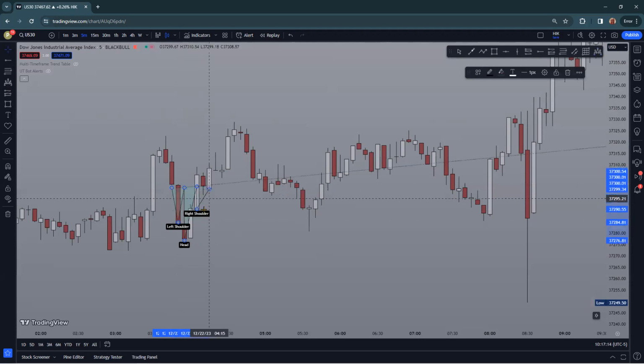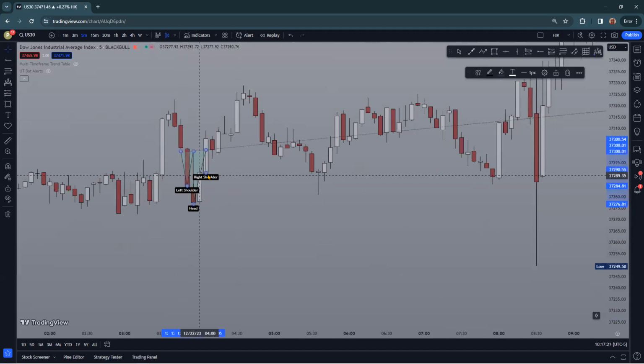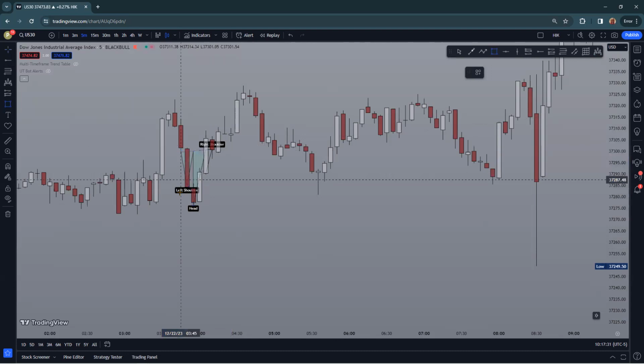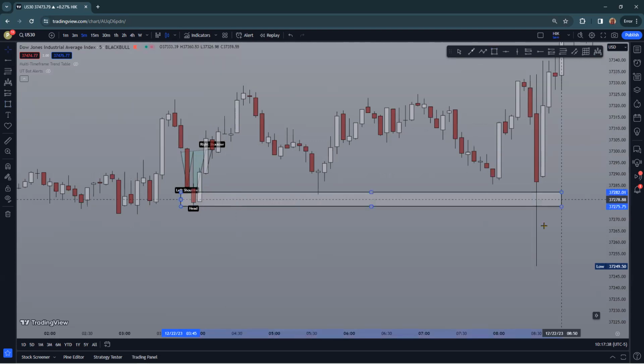And what you do, you just wait, right? Because if you said this was a shoulder right here, you could say that this is a shoulder right here, the right shoulder. And you draw your box underneath the neck, like right here. Stretch it all the way out.